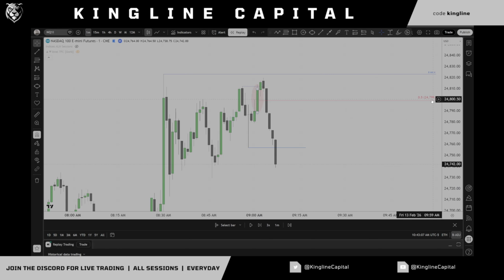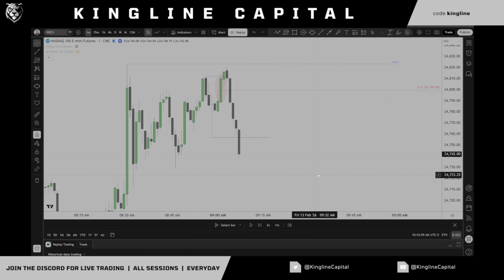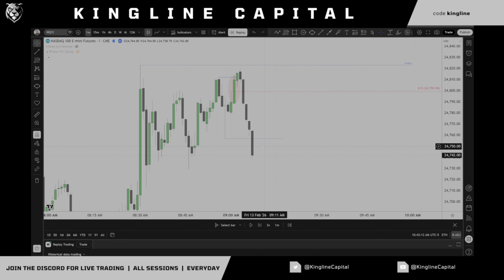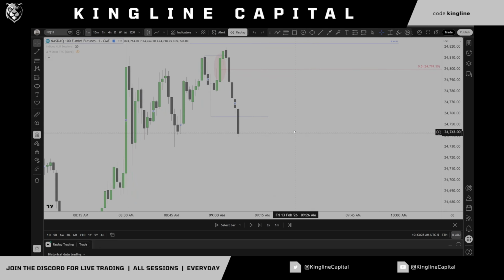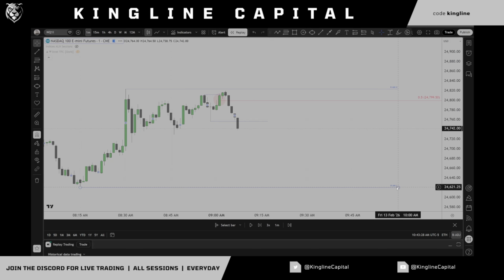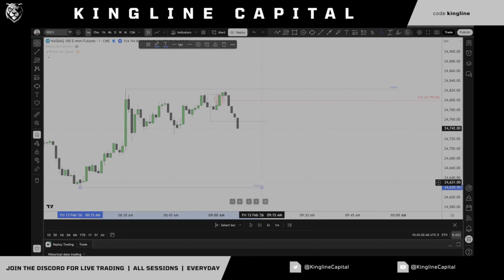Right here, that's at 24,799.50. The expectation is that if we see a return back to the range, I want to see that level tested, and there's a high probability that that will provide resistance, with the target being the 8 a.m. low.